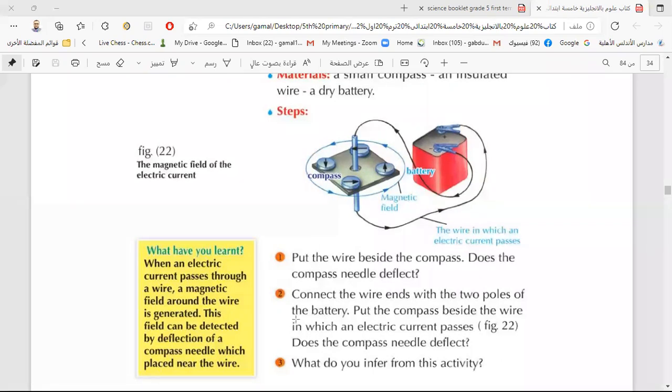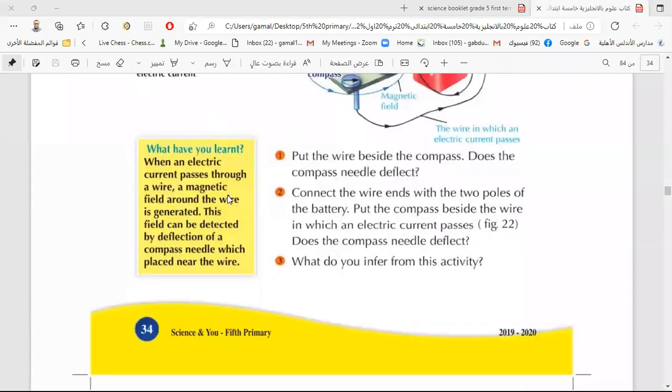If you put the compass beside the wire in which the electric current passes, you can see the needle will deflect. What do you learn from this activity?